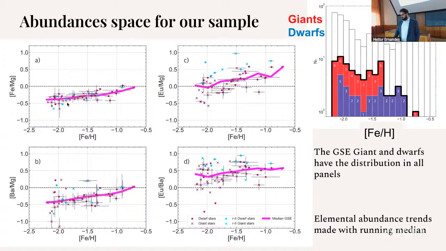And you can see here that it's fairly well populated from the metal poor part to the metal rich, while the metal rich part has not a lot of stars, because they're really hard to find to belong to the GSE.